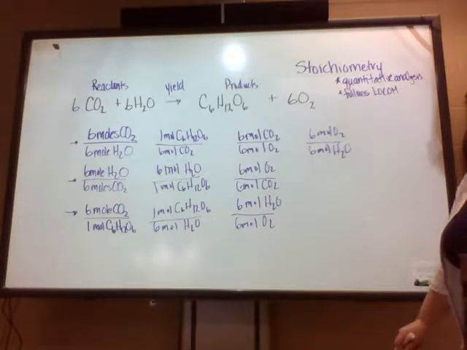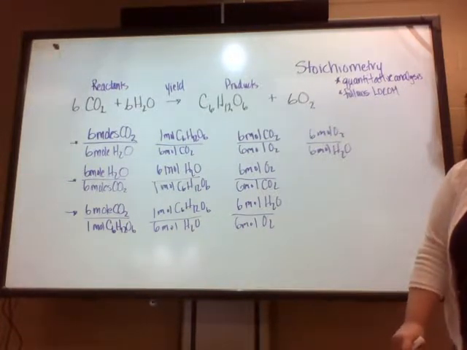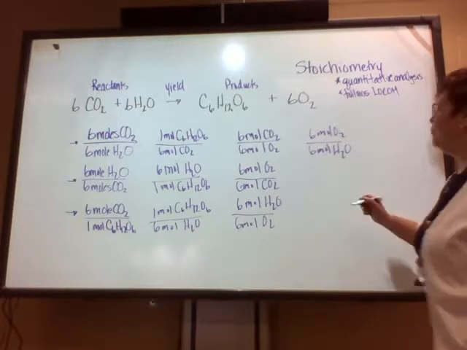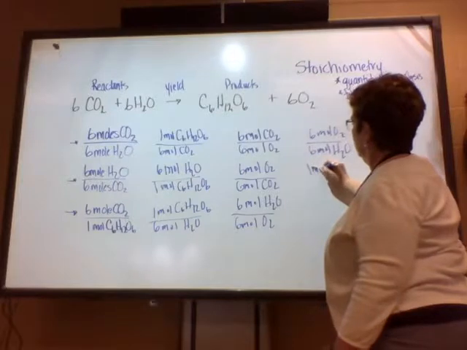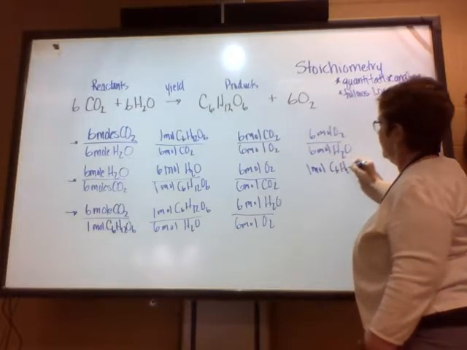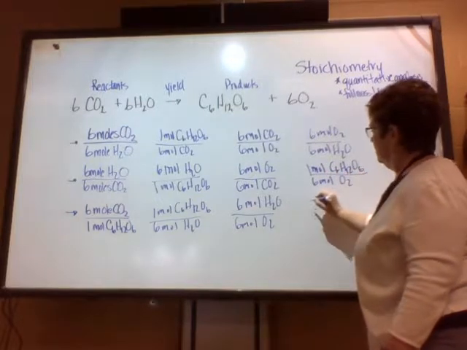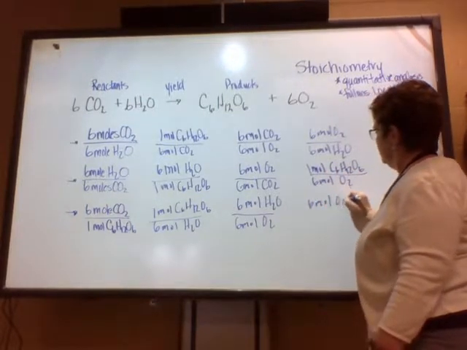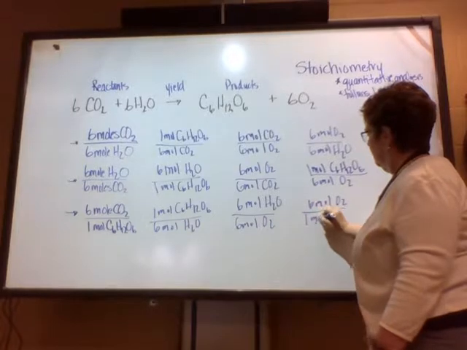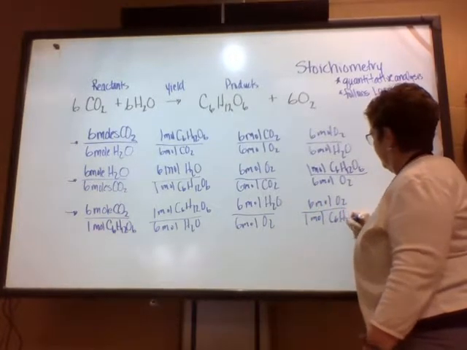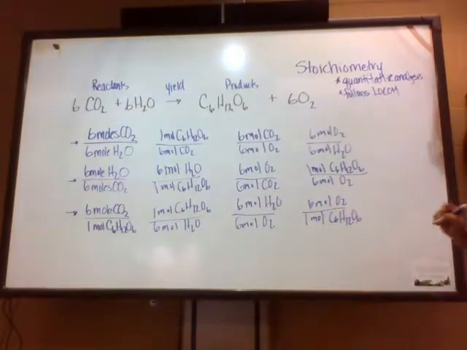I have 10. What other two things have I not combined yet? The two products, good. 1 mole of glucose, 6 moles of oxygen, 6 moles of oxygen, 1 mole of glucose. Okay, those are all the conversion factors that we have for this equation.